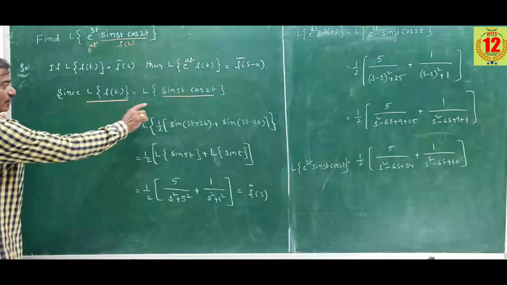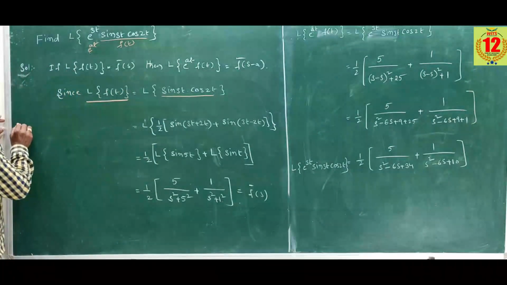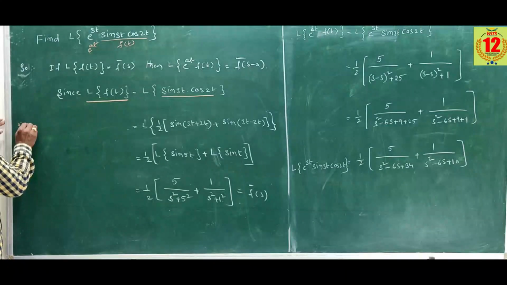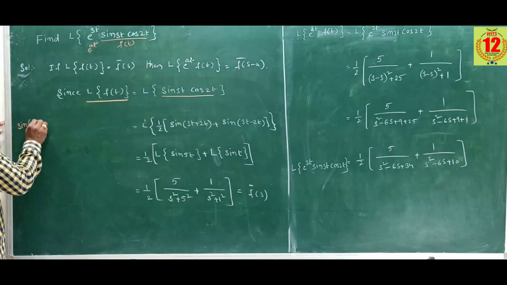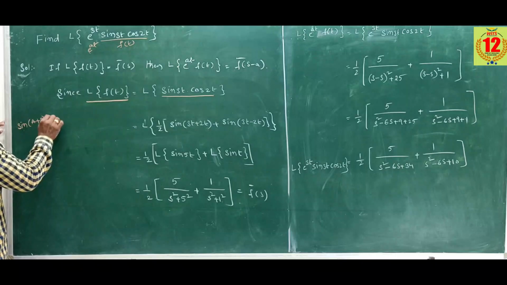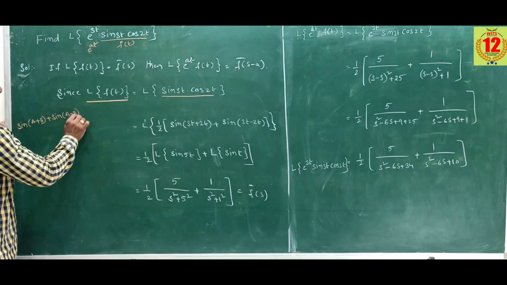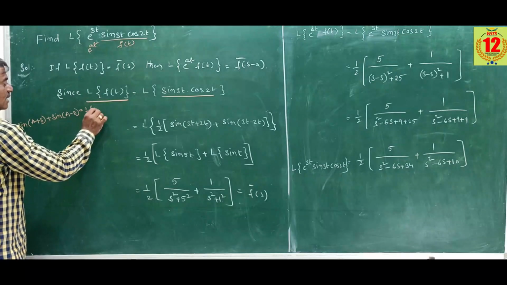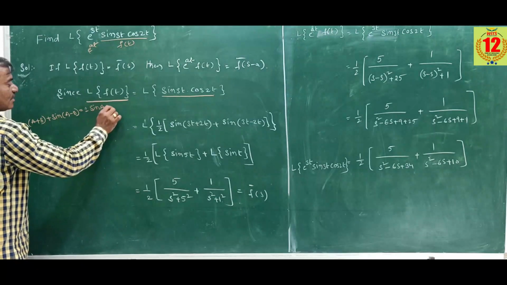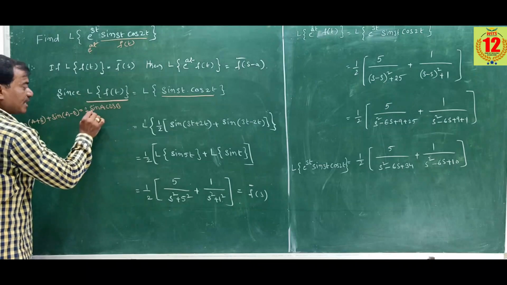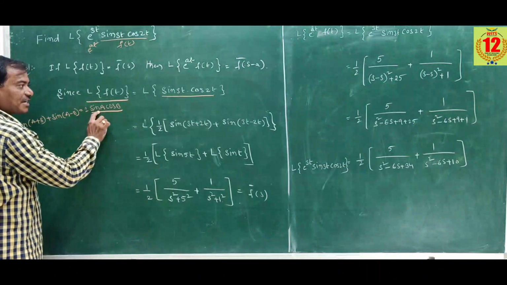So here we apply the formula sin(a plus b) plus sin(a minus b) is equal to 2 times sin a cos b. So this is in the form of sin a cos b.